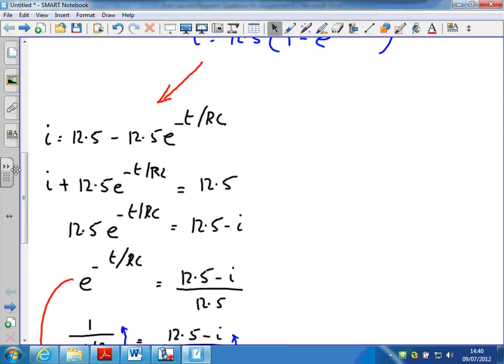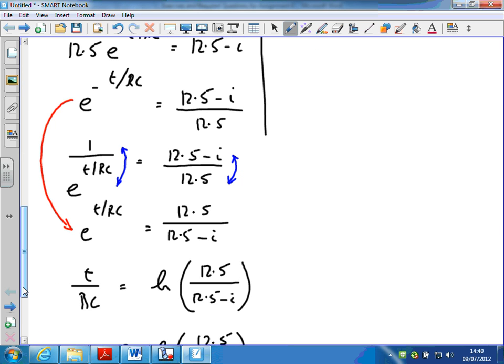What about the other way? Well, let's just put a line down here so that I don't mix up the two methods.